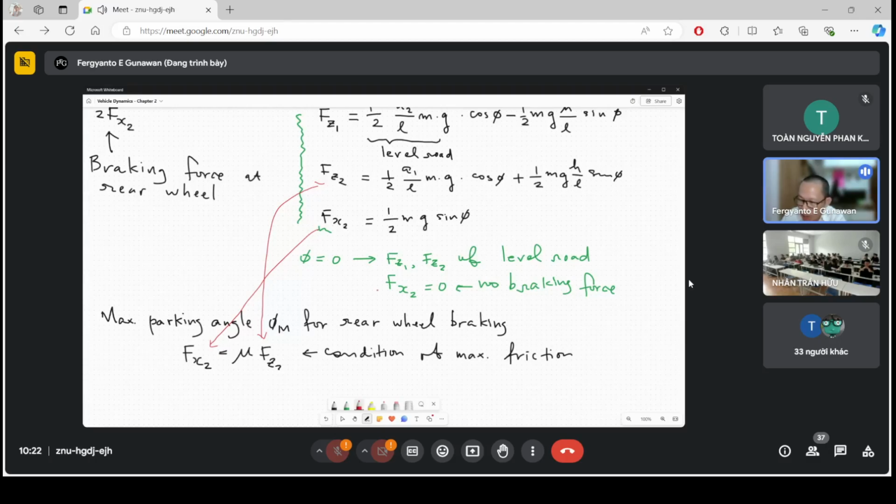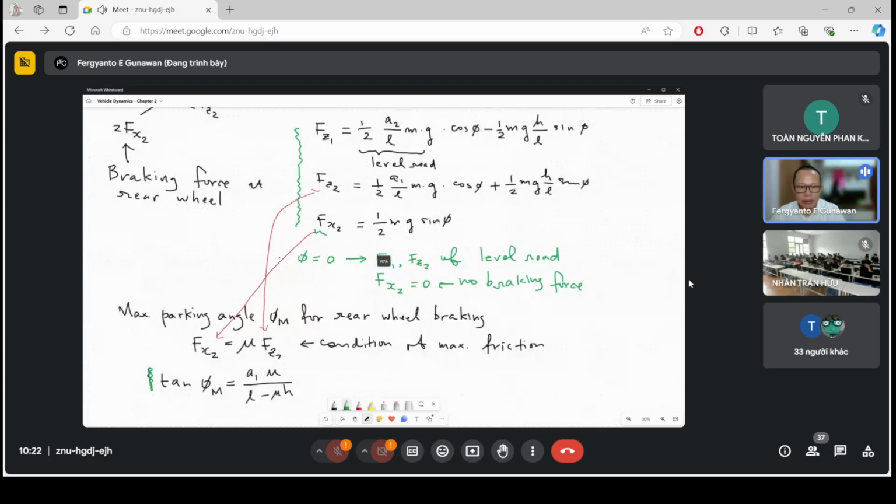As a result, you are going to see that tangent phi m, the maximum, equals mu a1 divided by L, minus mu h, where mu is the coefficient of friction. This is the maximum parking angle if you have a rear wheel brake.